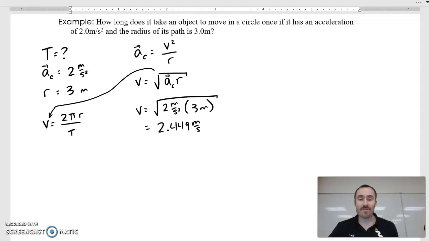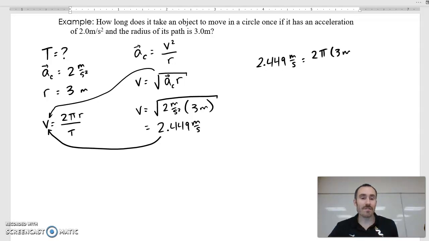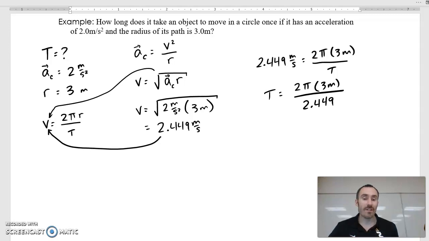So now we have that value for v, and so we're going to go 2.449 meters per second, or whatever the exact value is, equals 2 times pi times 3 meters divided by T. And so T is this 2 times pi times 3 meters divided by 2.449, or if you'd rather, square root of a r.